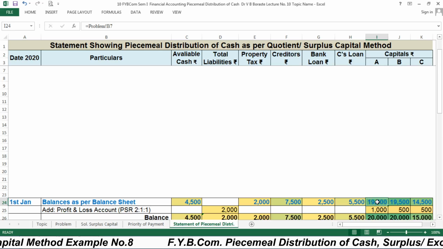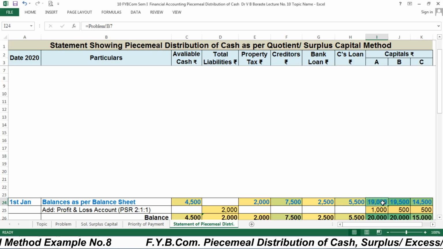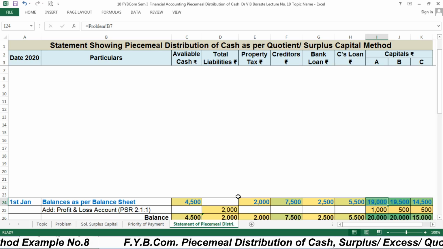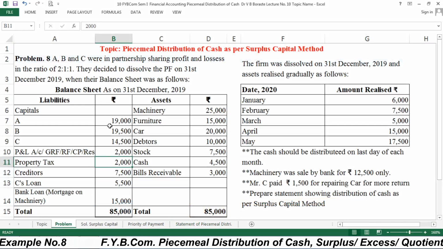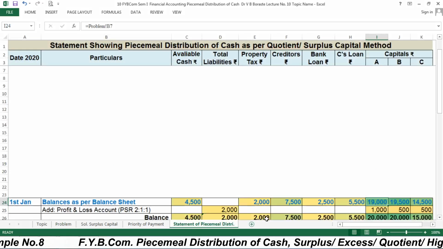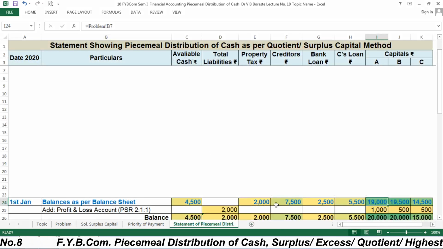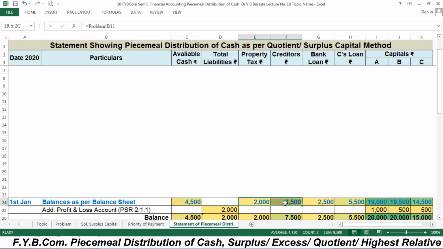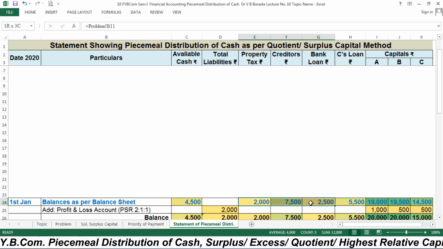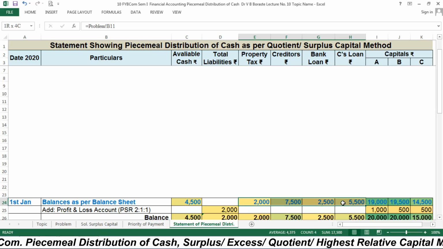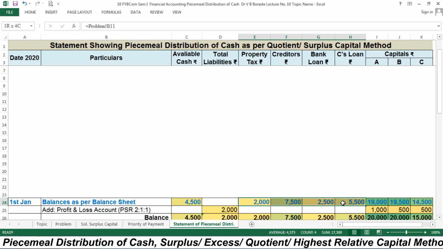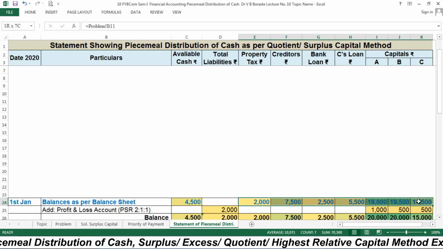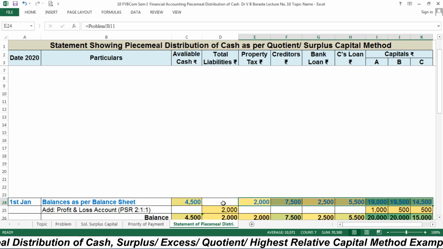After that, we have to mention all the capitals. Capital of A is 19,000, B's capital is 19,500, and C's capital is 14,000. So here is the capital. The total of these: 2,000 plus 7,500 plus 2,500 equals 12,000, plus 5,500, that is 17,500, and plus these three capitals, the total will be 70,500.